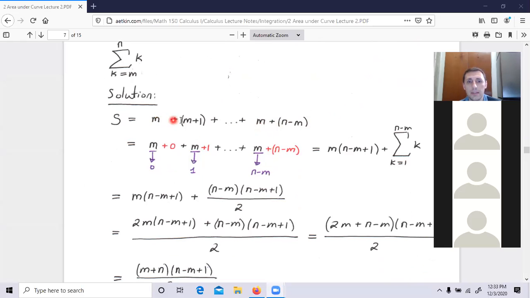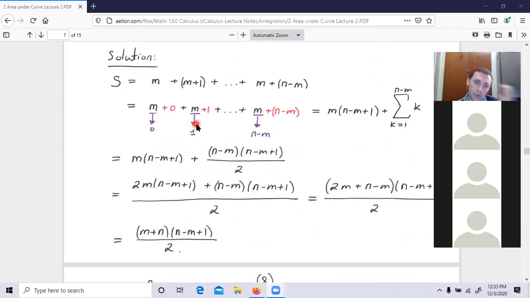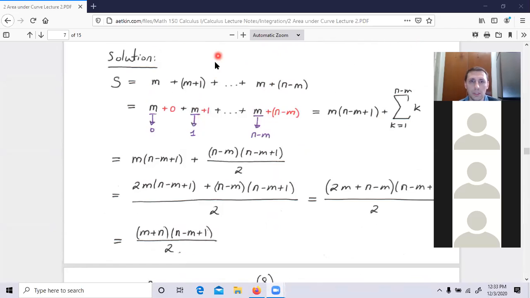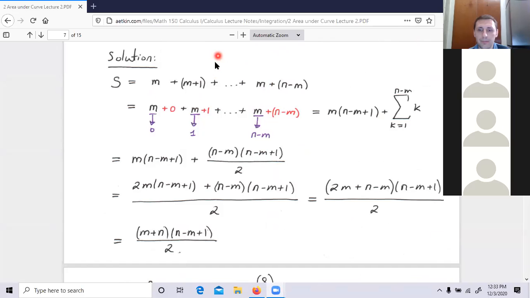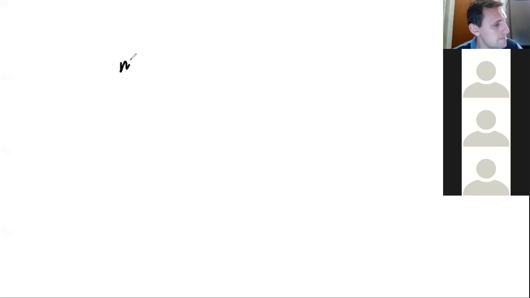I can write the summation in this order. I did it one way. I can do it another way. Maybe you would prefer this way. I can write m plus m plus 1 all the way to n.